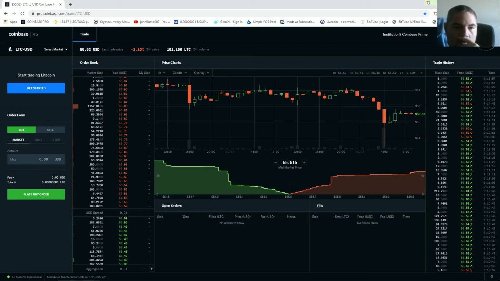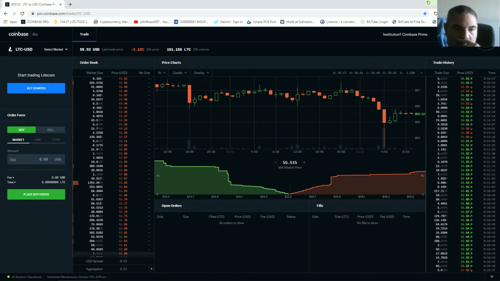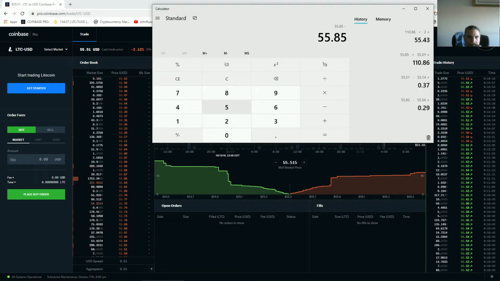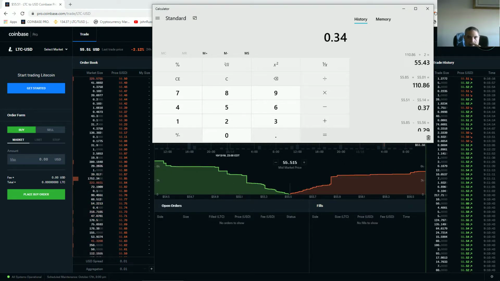I always do the sell wall first. 55.85. So you got to stay on top of this. If you do your math, you'll be a winner. It's 34 cents. You see he changed the distance of the sell wall from 29 to 34 cents away. So he's relieving the sell pressure now.